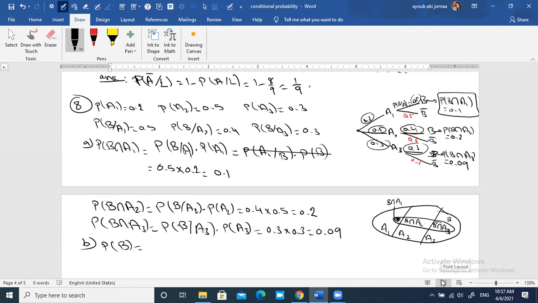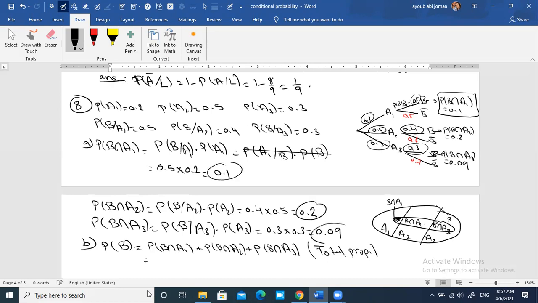So here I can apply the total probability. Probability of B is the probability of B intersection A1 plus probability of B intersection A2 plus probability of B intersection A3. So it is equal to what we already found: 0.1, 0.2, 0.09.